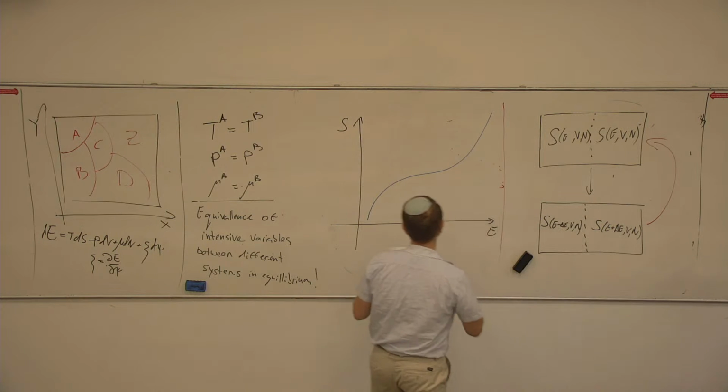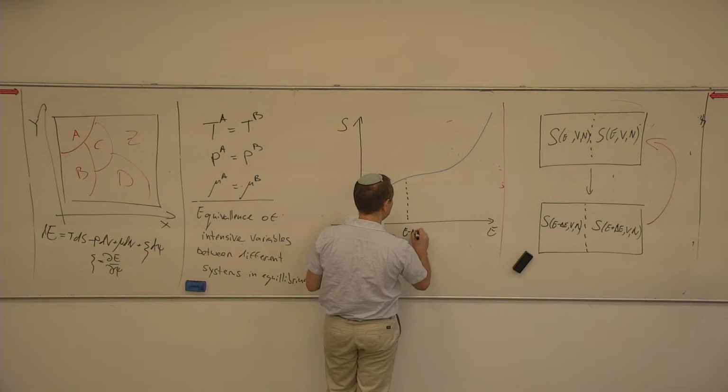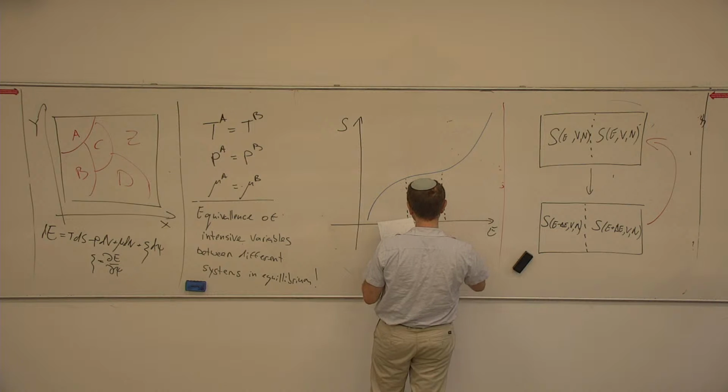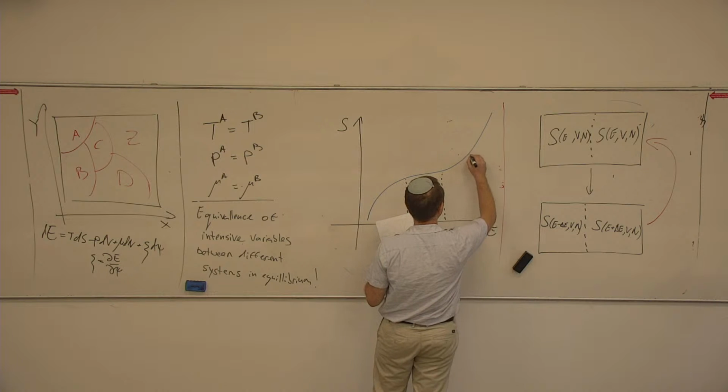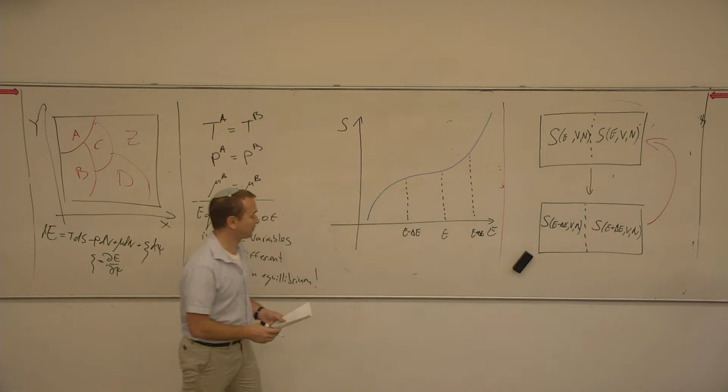Now, what it means, let's assume that here is E minus delta E. Here it's E. Here is E plus delta E. Okay.